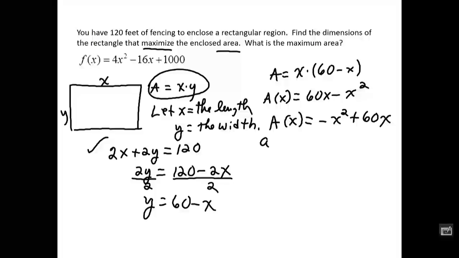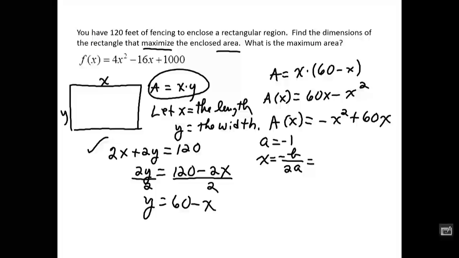We know that a is negative 1. So in order to get the x coordinate of the vertex, in other words, the x value gives us the location of the maximum. So x, the length, would be negative b over 2a.